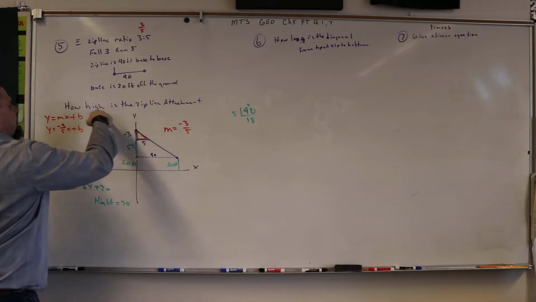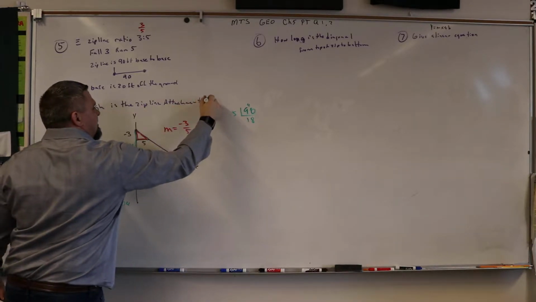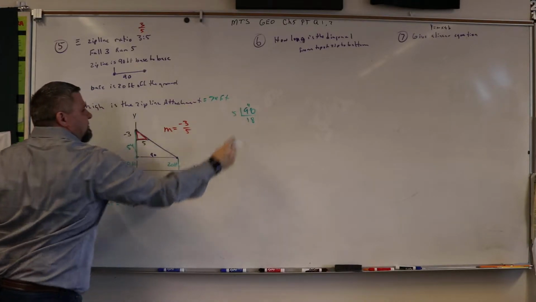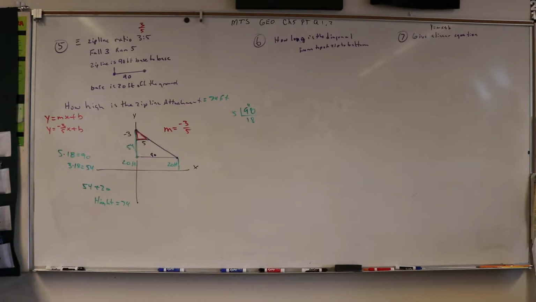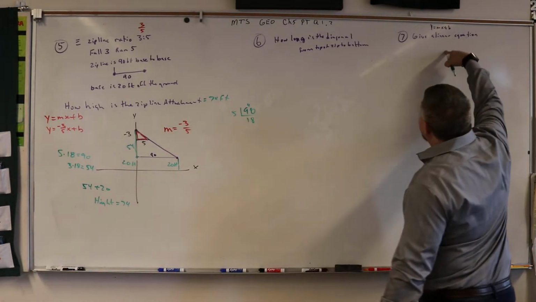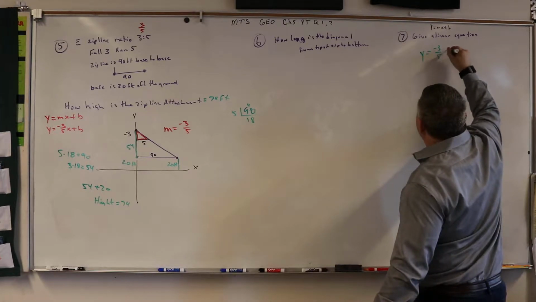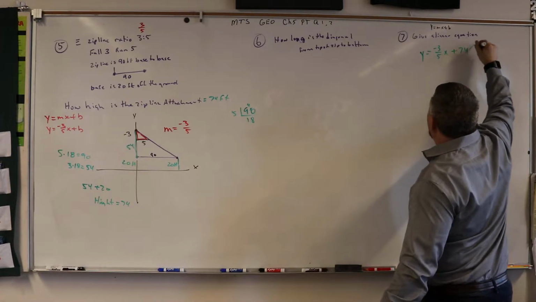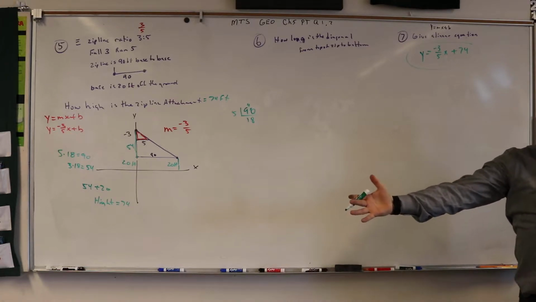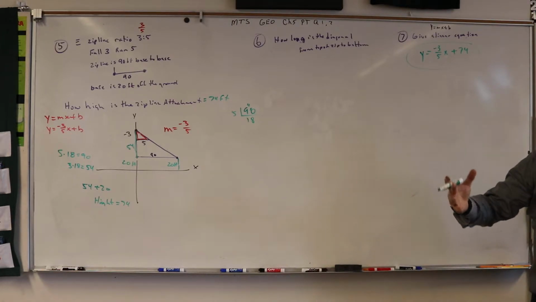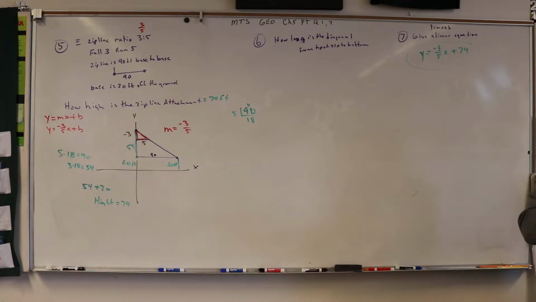So the answer here is, how high is the zip line attached? 74 feet. So wouldn't that be our b? So our equation would be y equals negative 3/5 x plus 74, right? Are we done? No, but almost, right?